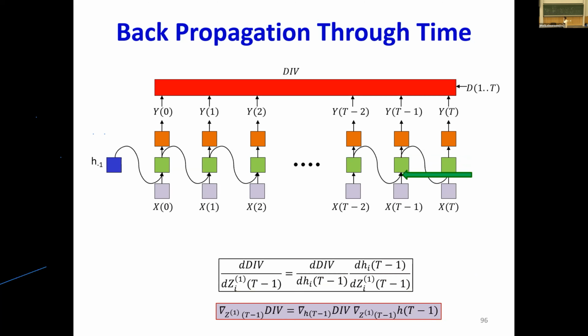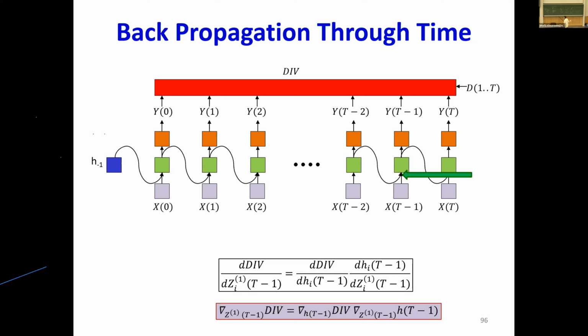I can compute the derivative there, which is simply multiplying the derivative for h by the Jacobian. And now what happens? What about the derivative for the lower arrow, W1? What is that going to be? Is that it? Wait, but is it a shared parameter or is it not?